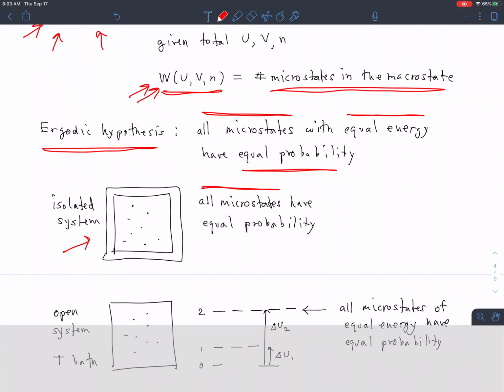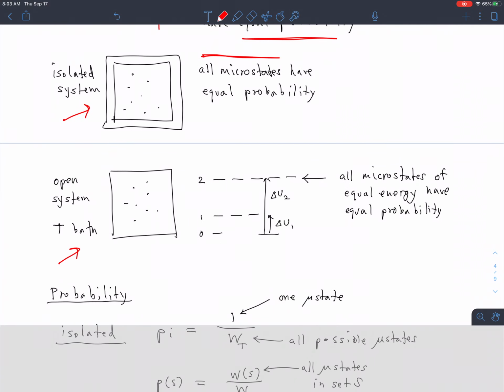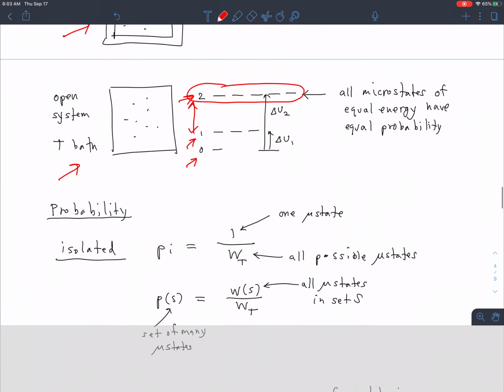And so this ergodic hypothesis applies to every single microstate. But if it's an open system, like we saw when we were talking about the Boltzmann distribution, then all the microstates that have the same energy have the same probability. There are other states with different energies now, because the system can exchange energy with the surroundings, but the microstates that have different energies don't have the same probability. Only the microstates that have the same energy also have equal probability.